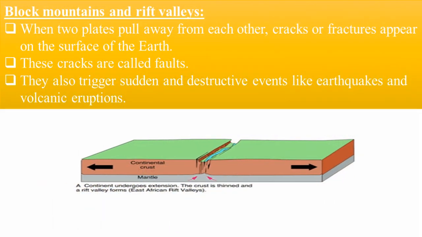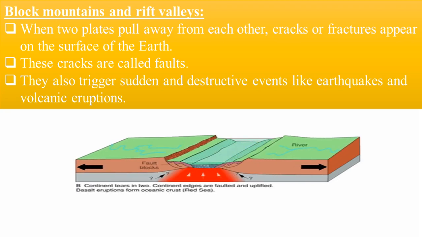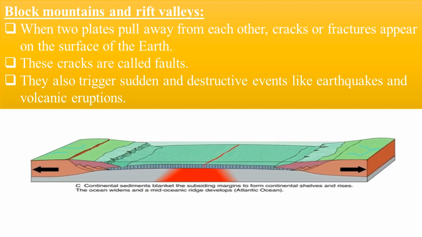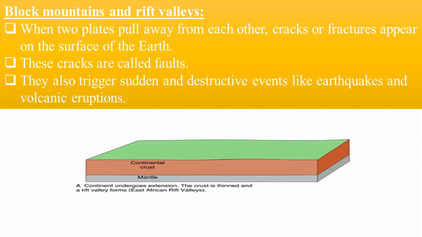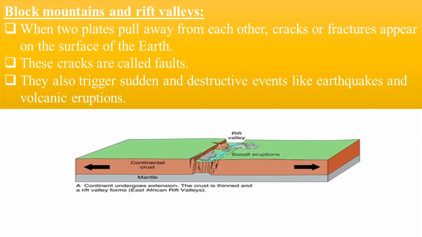Next, we will see block mountains and rift valleys. These landforms are also formed by endogenic processes. When the land between two parallel faults subsides, rift valleys are formed. When the land between two faults is pushed up, block mountains are formed.